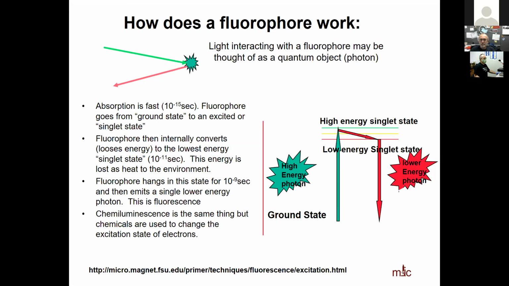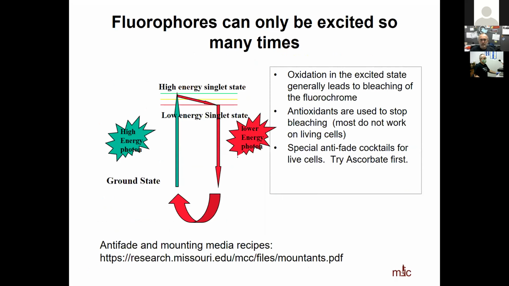So the fluorophores can be cycled in and out of the excited state many times, but not forever. And eventually, the molecule can be destroyed, especially if, when it's in the excited state, you have oxygen present.